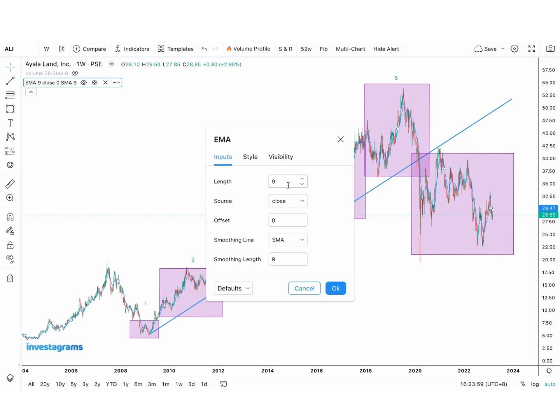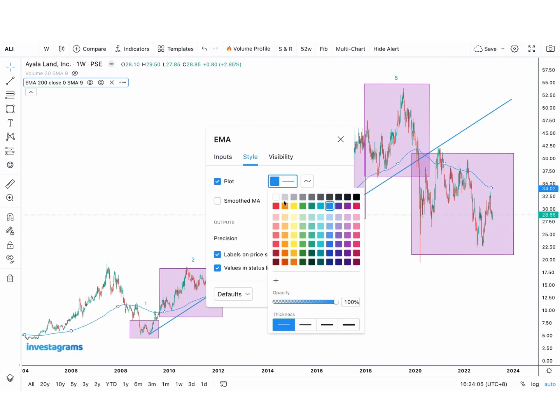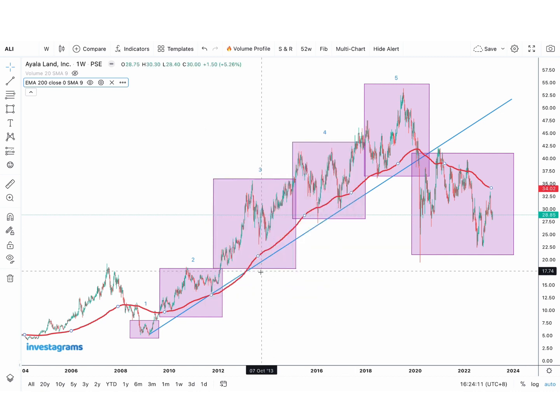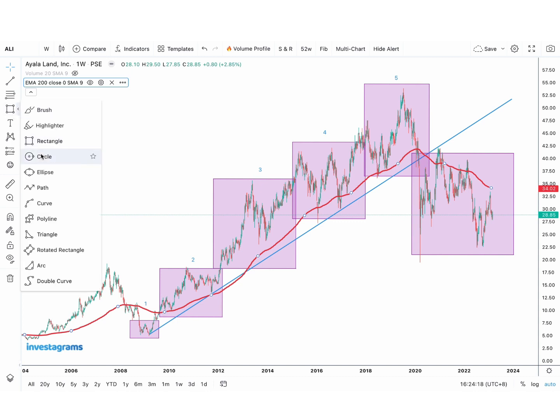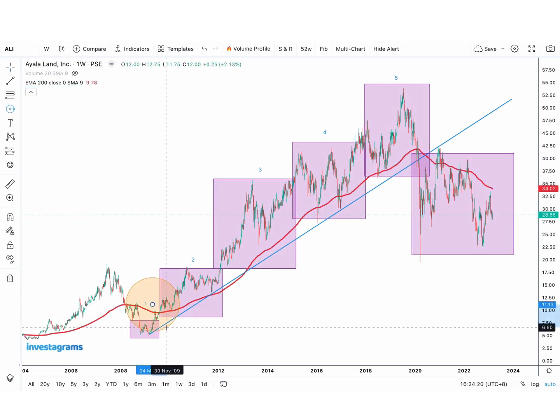Now we will add the moving average lines, the exponential moving averages. Let's start off with the 200 line and we'll choose the color red. And then we'll also add the exponential moving average line 50.